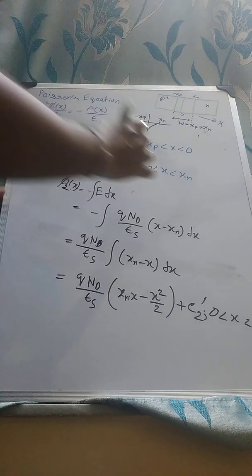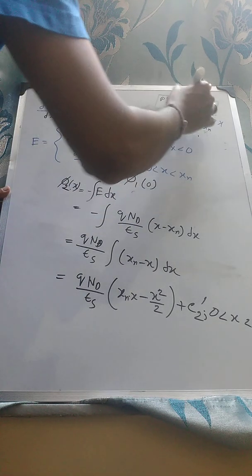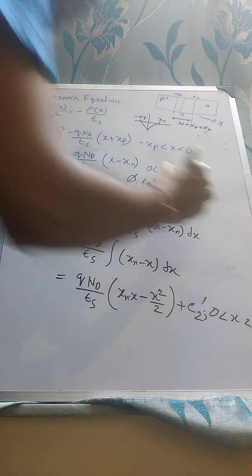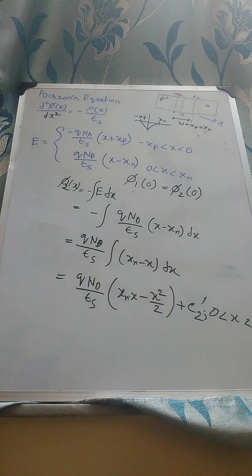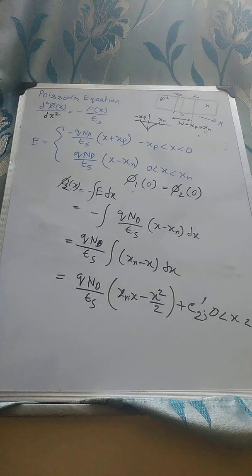But one condition that we do have is this potential also has to be continuous within the p-n junction diode, right? That would mean phi 1 of 0 at the origin must be equal to phi 2 of 0, right? If you put this condition into phi 2 as well as in phi 1, let me erase all this and give you the final result.